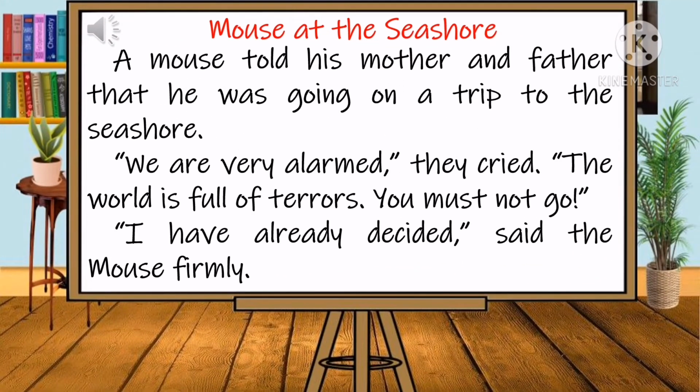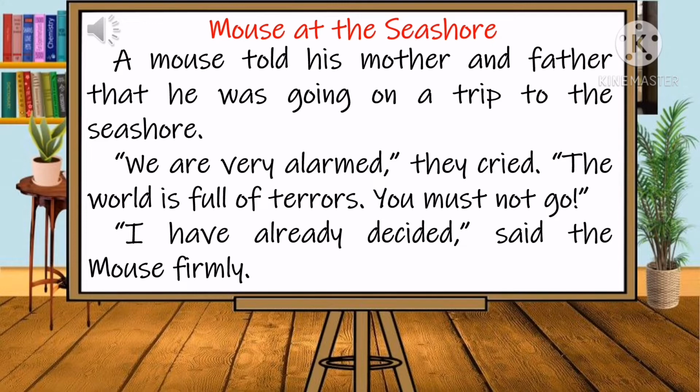Mouse at the Seashore. A mouse told his mother and father that he was going on a trip to the seashore. "We are very alarmed," they cried. "The world is full of terrors. You must not go." "I have already decided," said the mouse firmly.